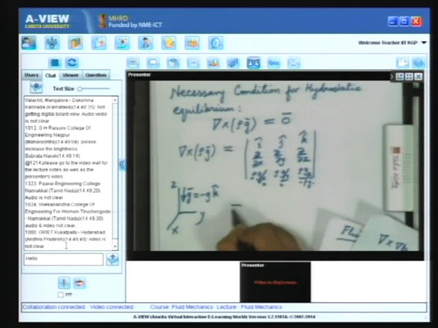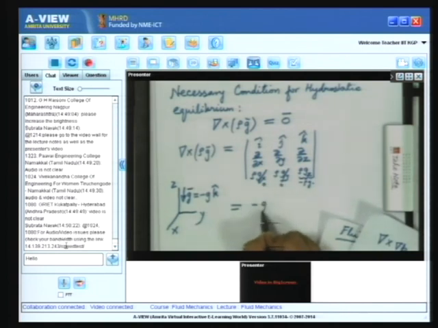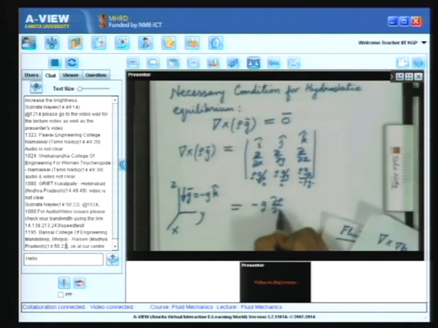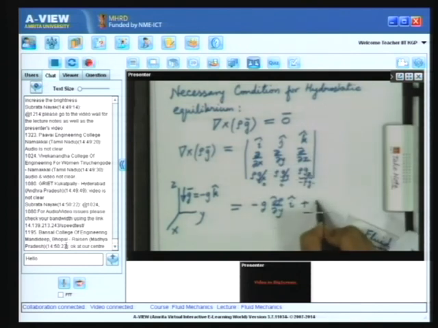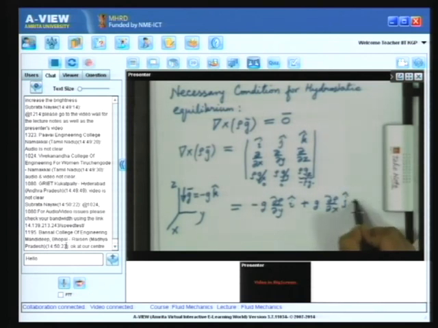So, if you expand this, you are going to have minus g del rho/del y i, plus g del rho/del x j, and the k part is 0 because this subdeterminant is 0.